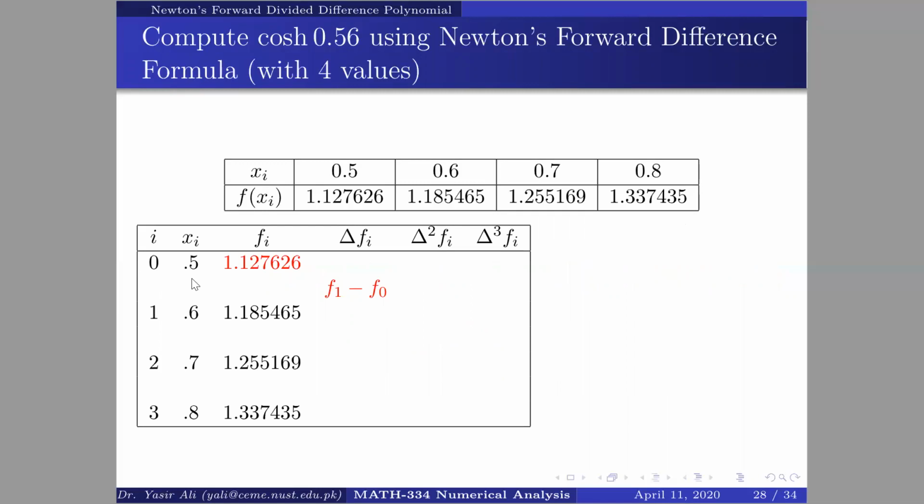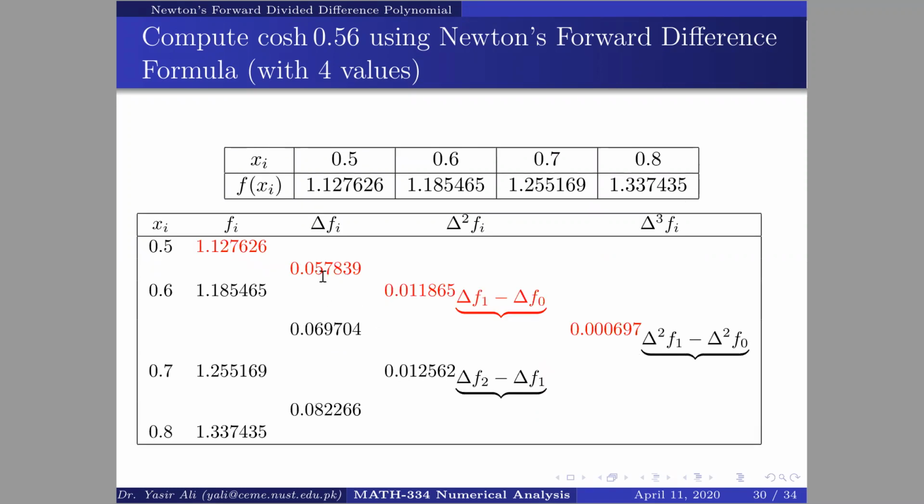So I can write the given points like this, and the first difference will be simply the difference of these two terms, this term minus this term. In the calculation of the next, we will have the difference of the next two terms and the next two terms. So I can complete this table like this.